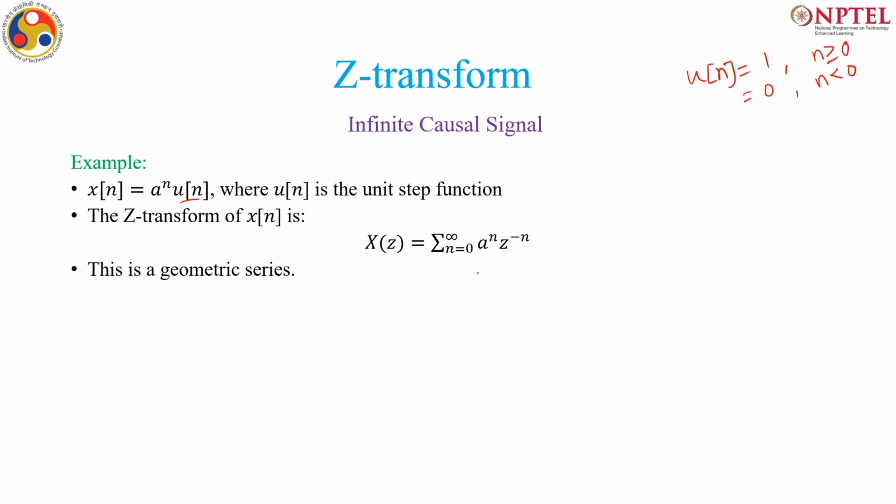And now we see that this is a geometric series, because if I plug in the value of n, n equals 0 gives a to the power 0 z to the power minus 0, then n equals 1 gives a to the power 1 z to the power minus 1, n equals 2 gives z to the power minus 2. So, this is a sequence of infinite length, an infinite GP series like this.